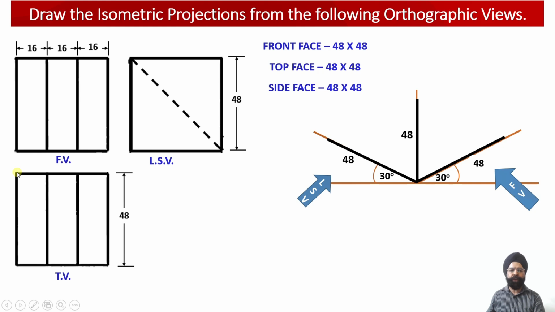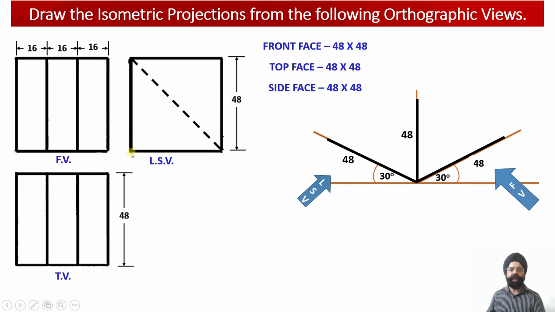Similarly, from the top view, we observe that the length of the solid is again equal to 48 millimeter, while the width of the solid happens to be 48 millimeter. So the top view face will be a square face having an edge equal to 48 millimeter.